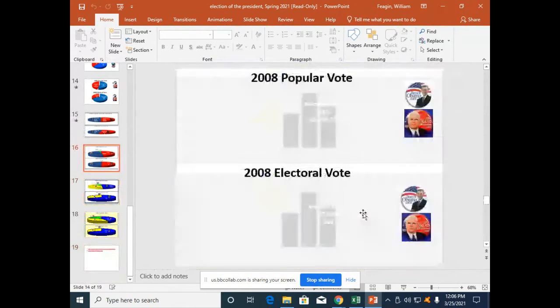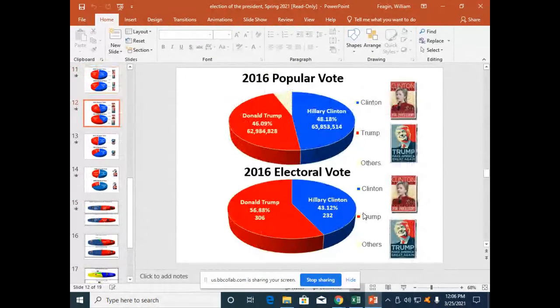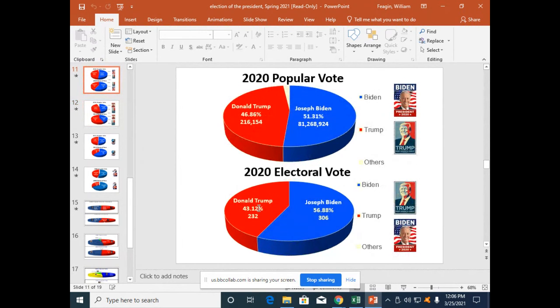And then in 2016, of course, you had Hillary Clinton win the popular vote, 48% to 46%, and Donald Trump wins by what he called a landslide. Interesting, because that's exactly the same number of electoral votes that Joe Biden got in the 2020 election.